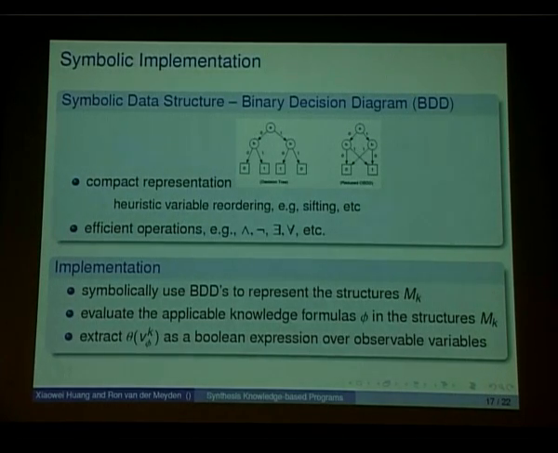Now, what we are doing is the symbolic approach, which means that we are using the symbolic data structure, the binary decision diagram, the BDD. BDD has the benefit of a compact representation for Boolean expressions or Boolean functions, and the operations on BDD are very efficient.